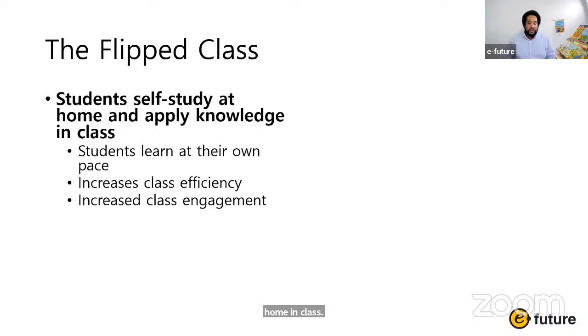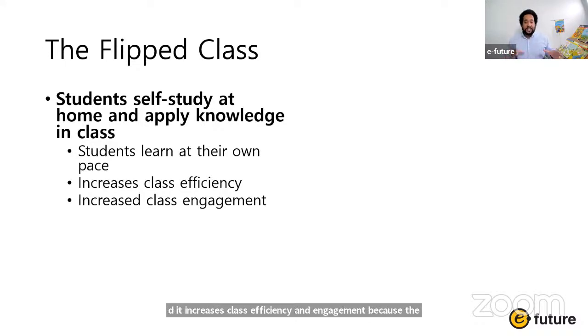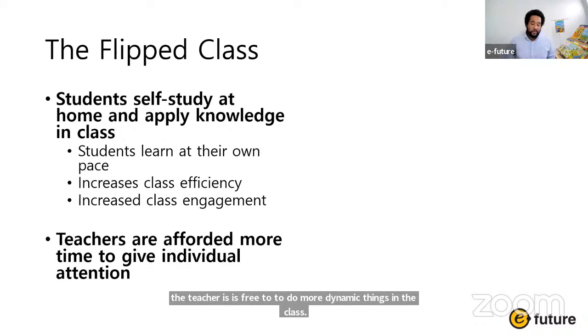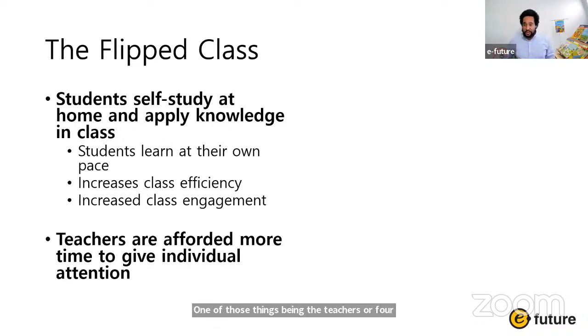So this allows students to learn at their own pace, and it increases class efficiency and engagement because the teacher is freed to do more dynamic things in the class. One of those things being that teachers are afforded more time to give individual and targeted attention. And the more attention that each student gets, the better chance they have at improving.